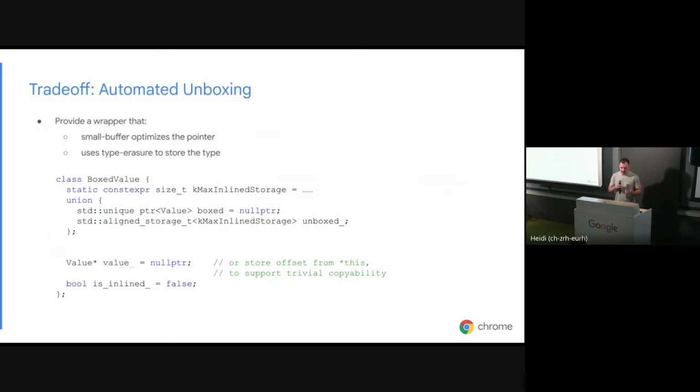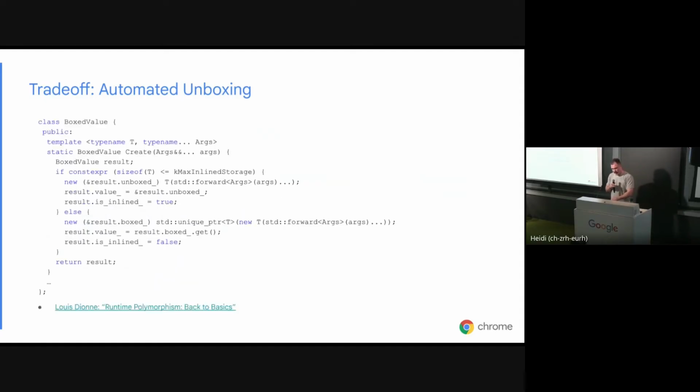So it's basically a wrapper around a unique pointer with some inline storage. We have a pointer which either points to inline storage or to out-of-line storage. Whenever you create a concrete object, you check whether the object fits in the inline storage, and you construct it inline. If it doesn't, you construct it out of line. So it's as simple as that.